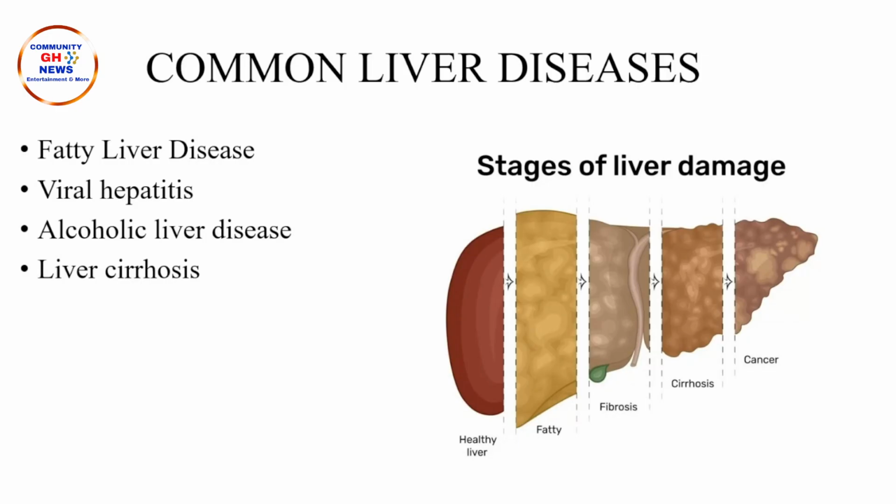As the fibrosis goes on for long, the healthy tissue of the liver eventually disappears and is replaced completely by the fibrotic tissue. The liver becomes very hardened, it loses its architecture, and it now progresses to a stage that we call cirrhosis.